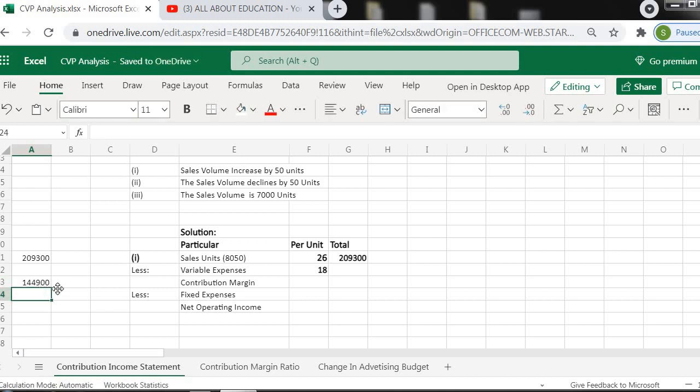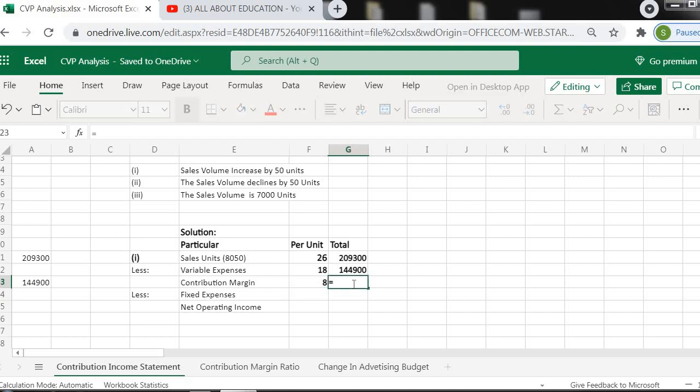So what we get? 1,44,900. And the contribution margin per unit cost is 8. To calculate contribution margin per unit, we have to deduct variable expenses per unit from sales per unit cost. So we get 8.